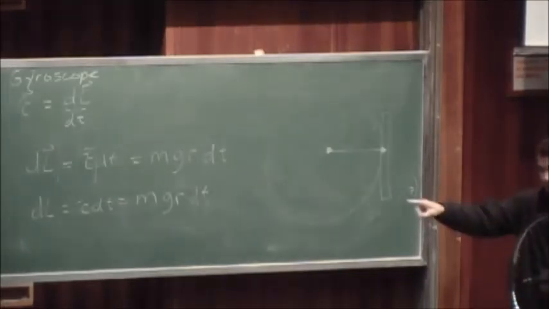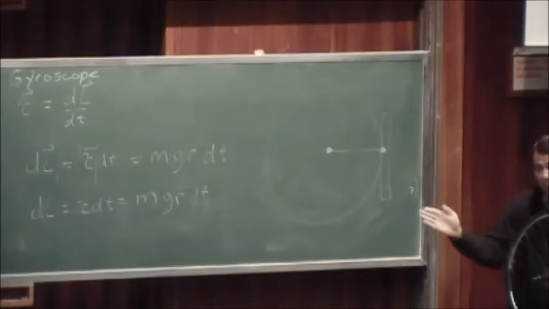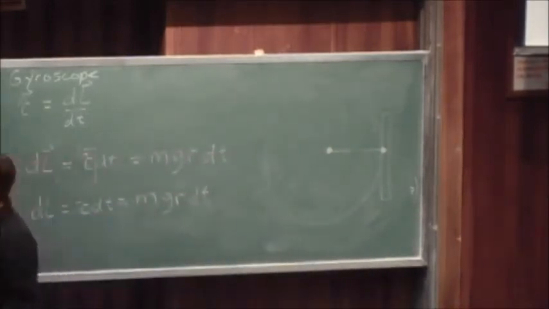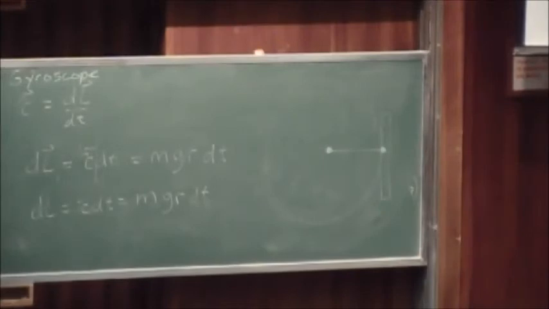So L is in this direction, dL is perpendicular to it, because the change in the momentum is due to the change in the direction of the momentum. And so dL is related like this, and this angle, which we call d phi, is the small change in direction.